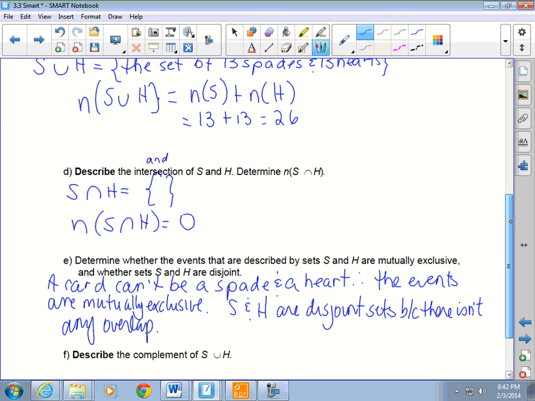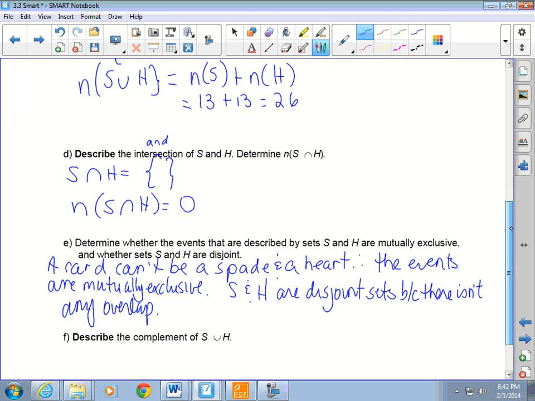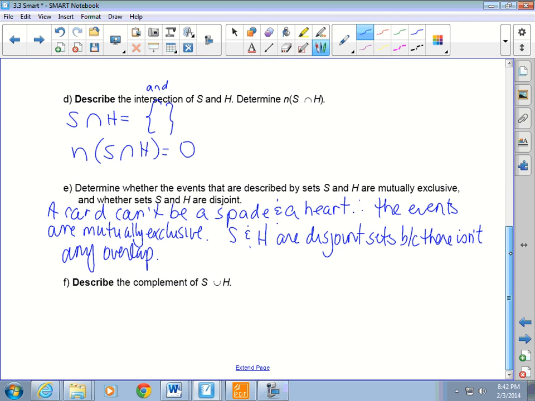So the complement of the union of spades and hearts. Remember, complement means what's not in there. Complement is not.